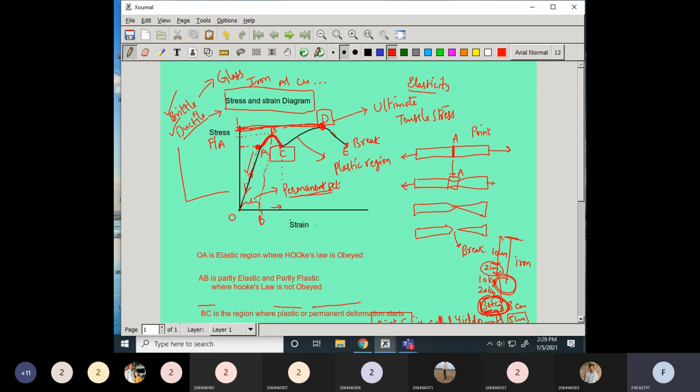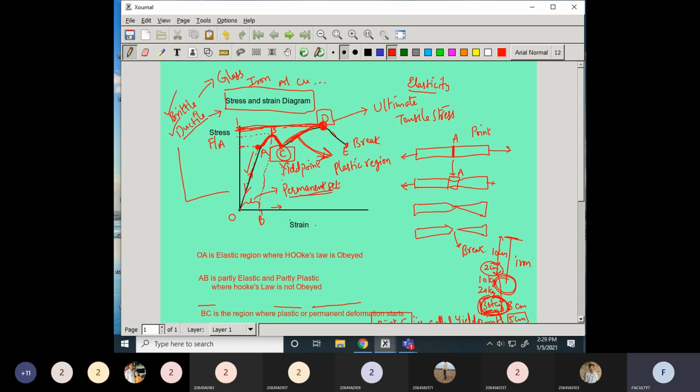Thereafter, even after removing the forces you still have elongation, and due to that you consider Y as the yield point. If you go beyond this point, this is the plastic region, meaning you get permanent deformation in the material.